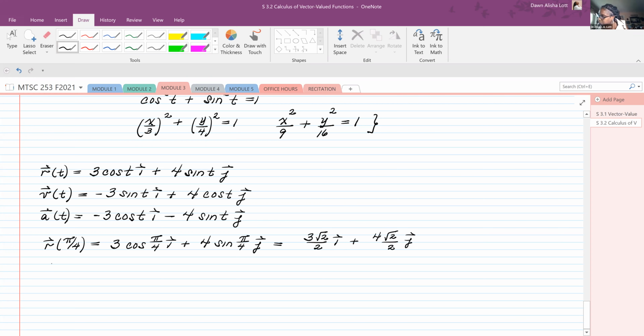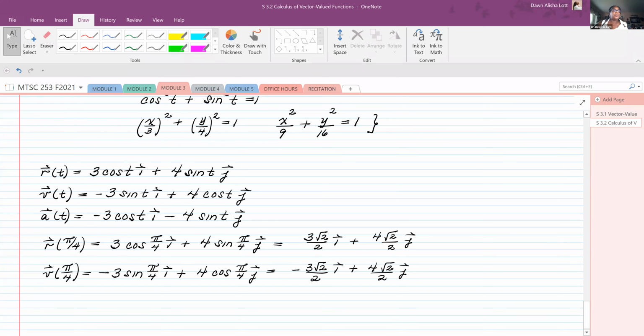So that's that. v of pi over 4 is negative 3 the sine of pi over 4 i plus 4 the cosine of pi over 4 j. So that is negative 3 root 2 over 2 i plus 4 root 2 over 2 j.